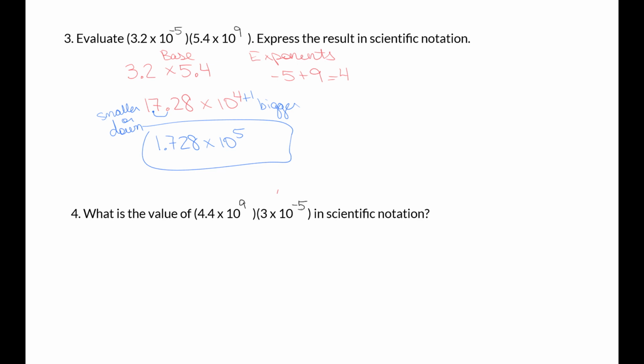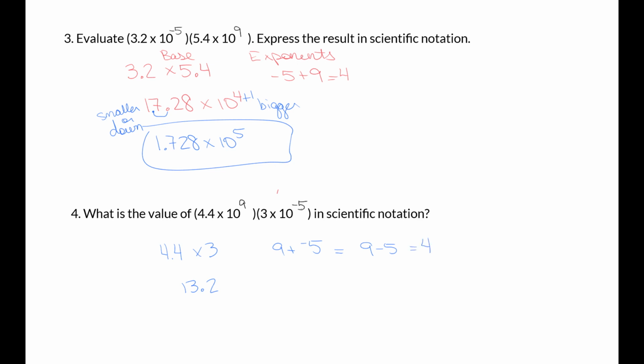Number 4, what is the value of 4.4 times 10 to the ninth times 3 times 10 to the negative fifth? Same thing, so we're multiplying. So we're going to go 4.4 times 3. When I do that, I get 13.2. And then 9 plus -5 would be the same as 9 minus 5, which is 4.